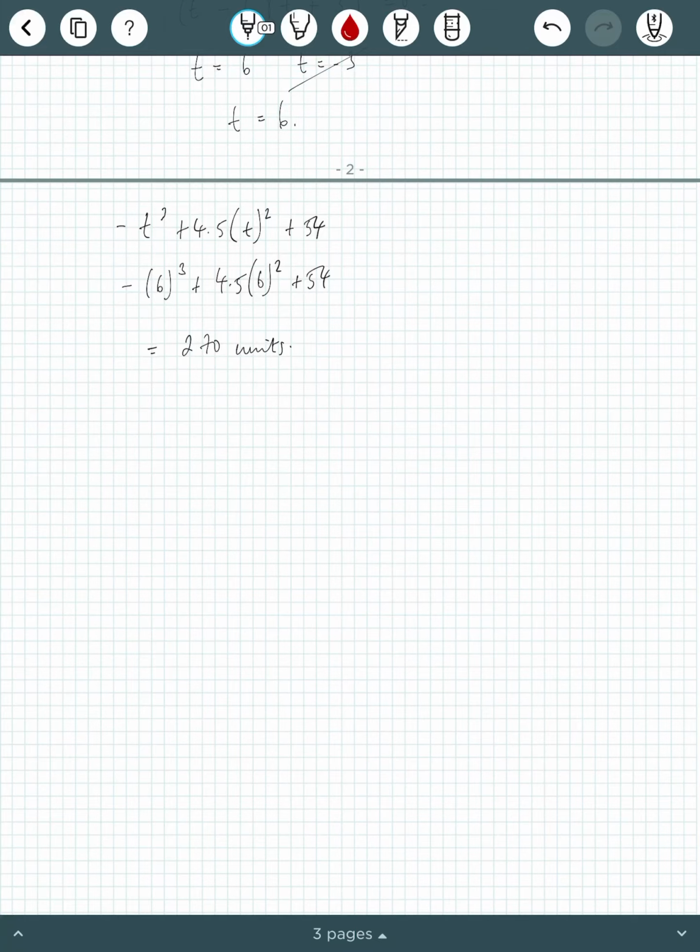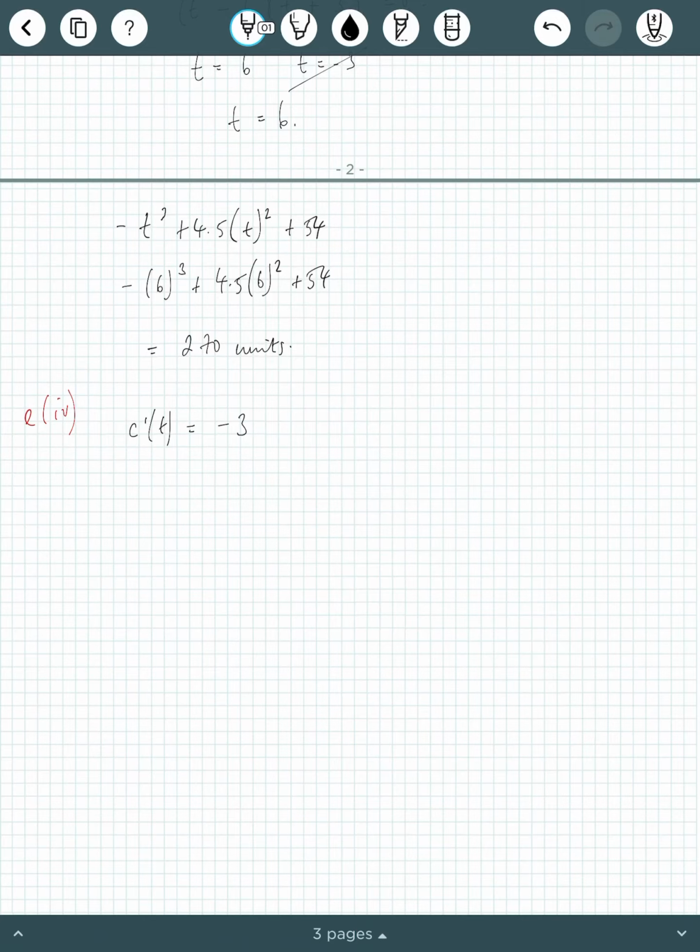Finally, lads, we've got part IV. Part IV says, use your answer to part I to show that the drug amount in the bloodstream is decreasing 7 hours after the drug has been taken, and explain your reasoning. So once again, you take out your differentiated function because it's rate of change.